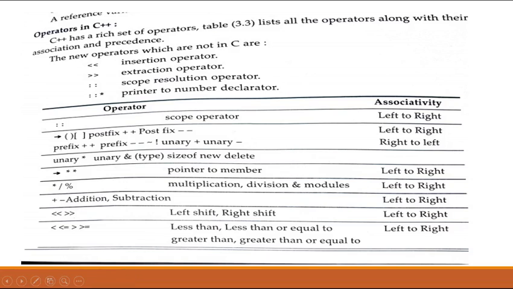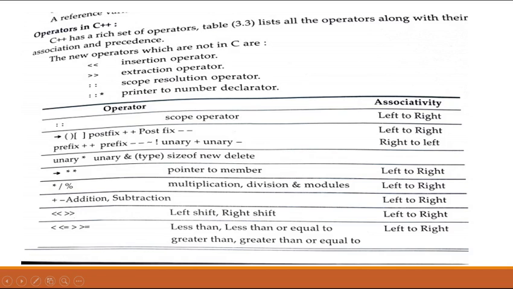Second one is the unary and type, size of, new and delete. There are some more operators, that is a unary and type, size of, new and delete. These are also operators of C in C++. So whenever we use them, I will give some explanation regarding these operators.